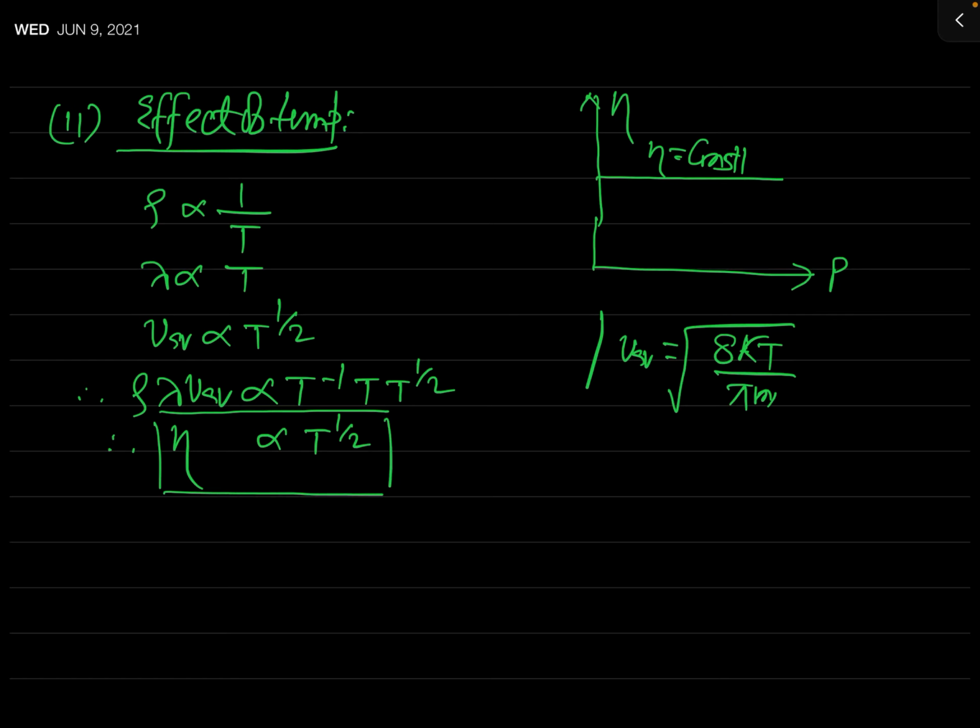So viscosity of gas depends on temperature and it increases with a rise in temperature. And the graphical plot for this variation you can see here. If we note T on this axis and eta on this axis, roughly the rise in temperature leads to rise in viscosity. So this is the graphical plot of eta versus T.